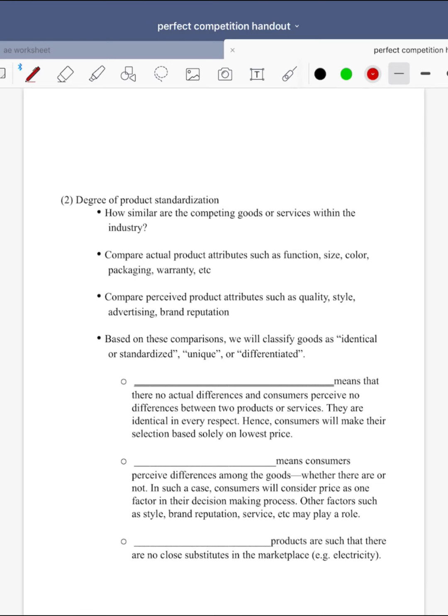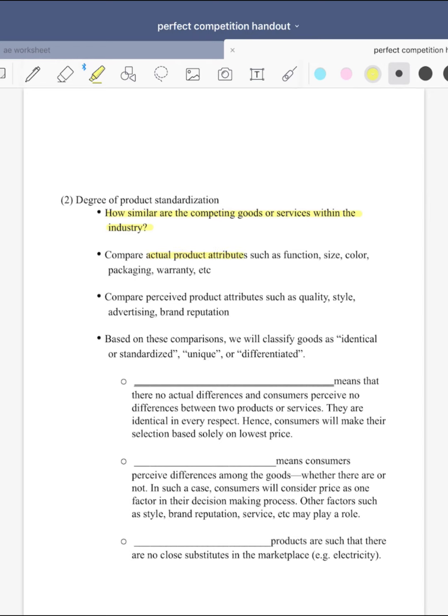Our second key characteristic is the degree of product standardization. When we talk about product standardization, we're looking at the similarity of the goods or services being produced. How similar are the competing goods or services within the industry?